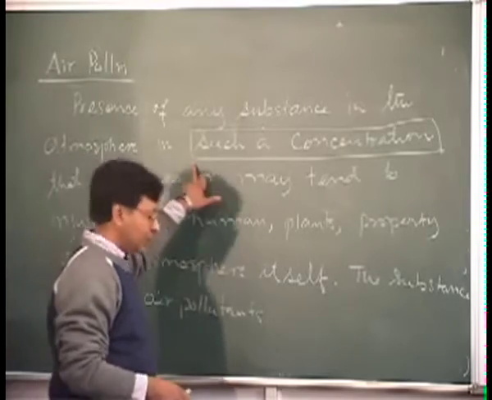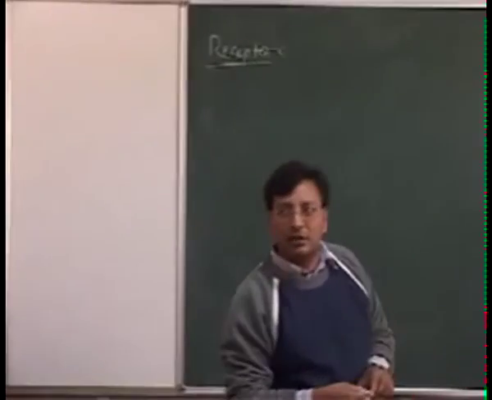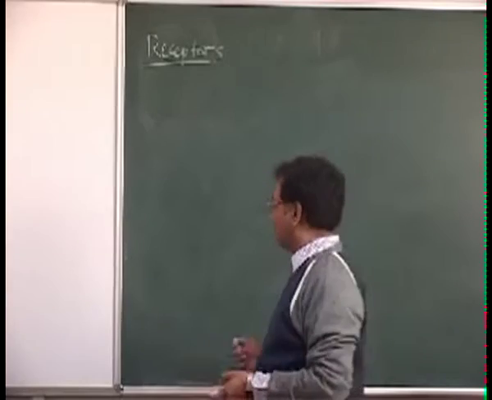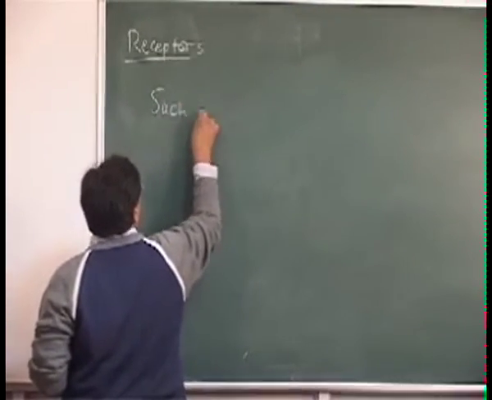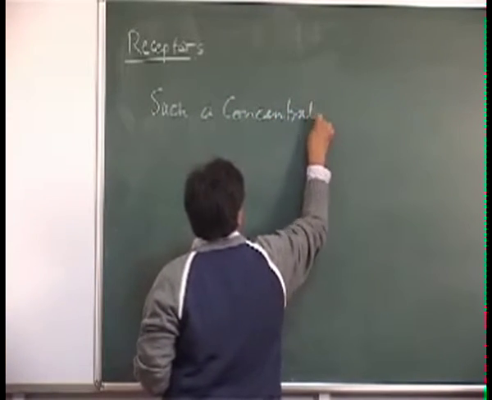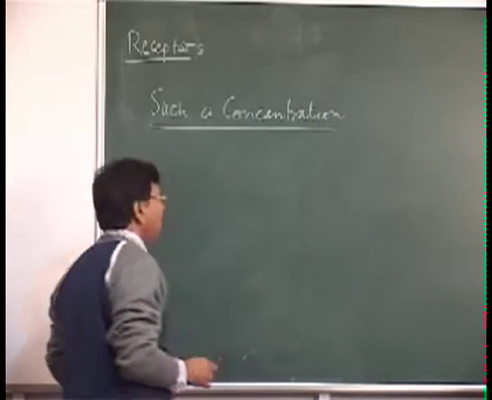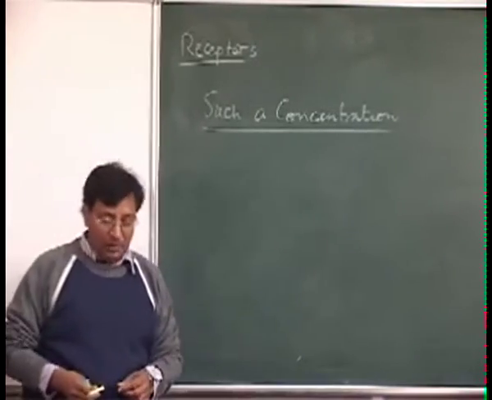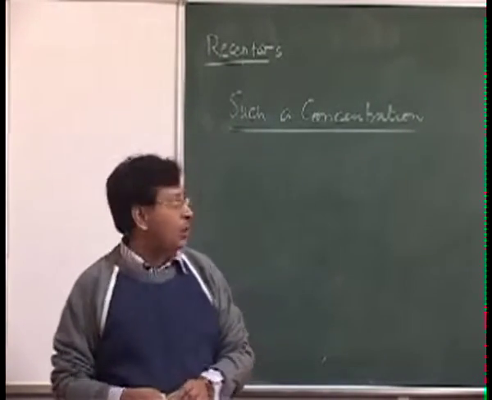Because my objective is also focused on this point. If I am achieving this concentration, I don't care what the sources are, what the meteorology is, what the transportation system is. So the focus becomes such a concentration. And if I'm achieving this concentration, it means the air pollution is within control, or I'm fine.